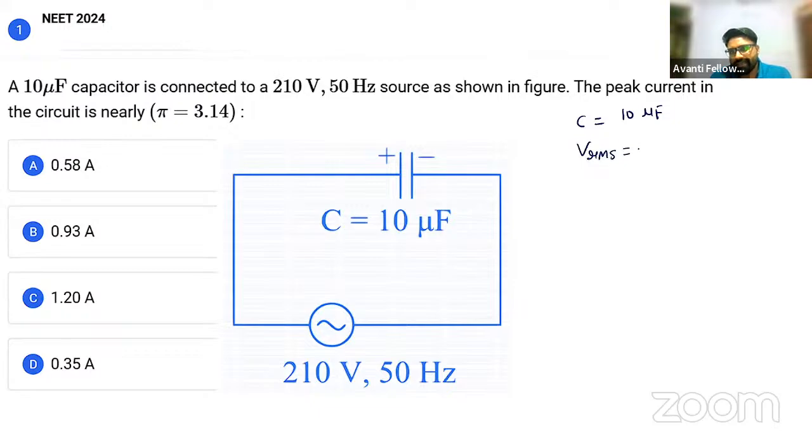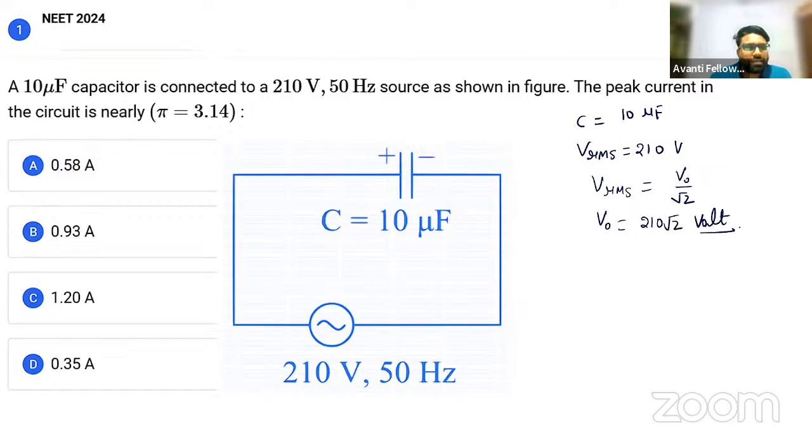So VRMS given is 210 volt. VRMS is nothing but V naught by root 2. So the peak value will become root 2 times VRMS, which means 210 into root 2 volt.